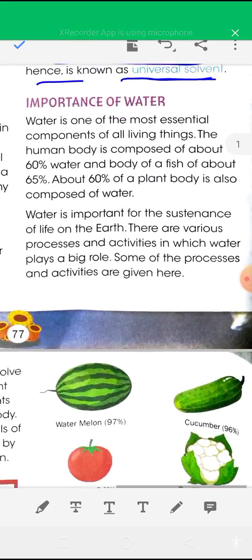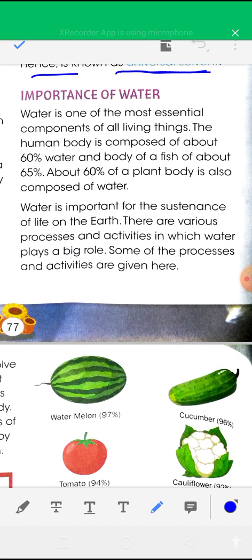Now see importance of water in our life. Water is one of the most essential components of all living things. The human body is composed of about 60% water. In our body 60% water is present.